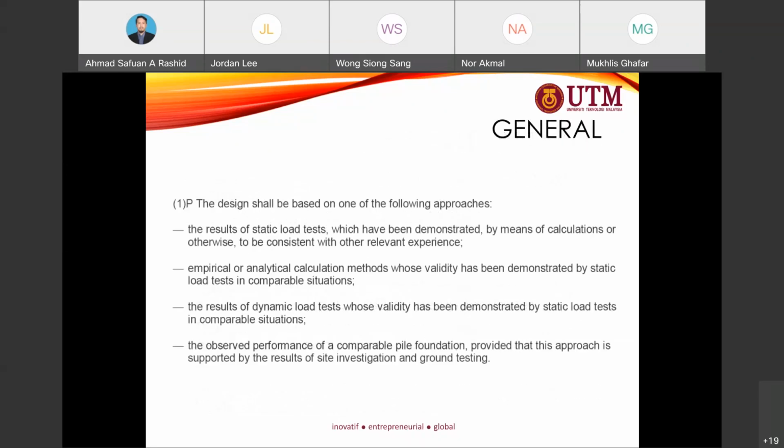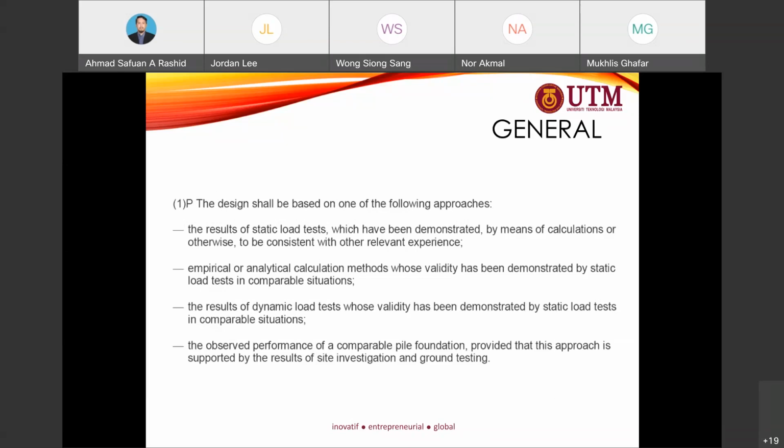Under the general explanation in section 7, the design should be based on one of the following approaches. Either we can use the result of a static load test which has been demonstrated by means of calculation or otherwise to be consistent with other relevant experience, or we can use an empirical or analytical calculation method whose validity has been demonstrated by static load test in comparable situation.